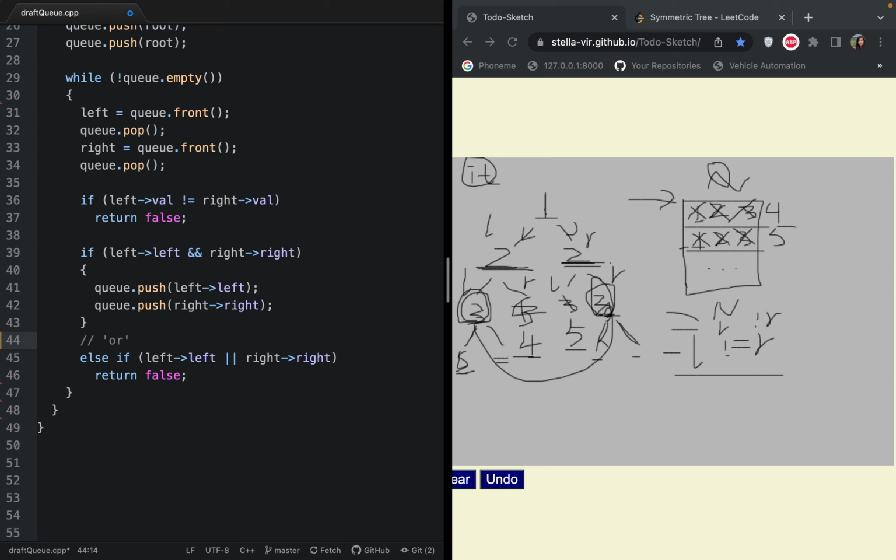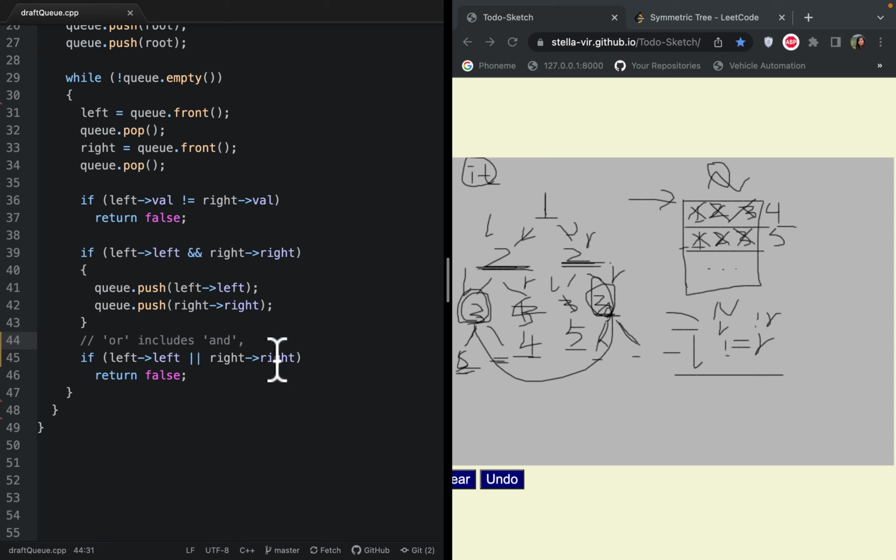Well, this or actually includes the scenarios where there's and. So even if you push it there, because this one also is met, if you don't have the else here, then this one or this one also means, let's say this case or this case, they both exist, and this one doesn't return immediately.